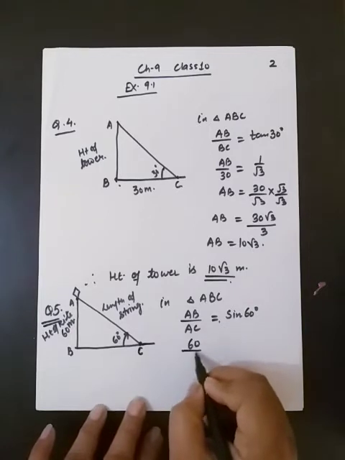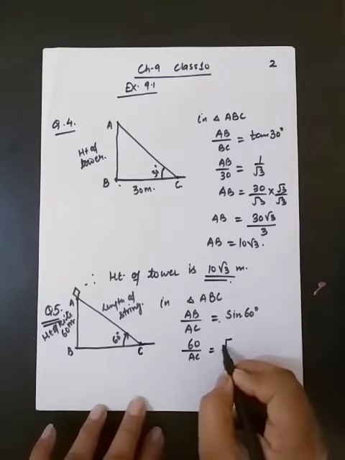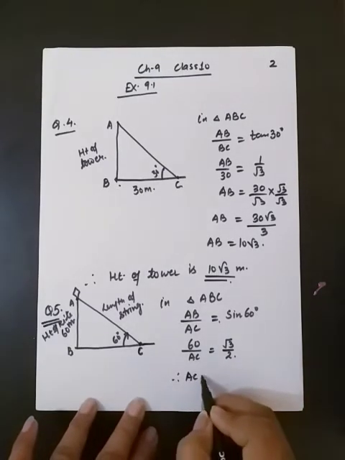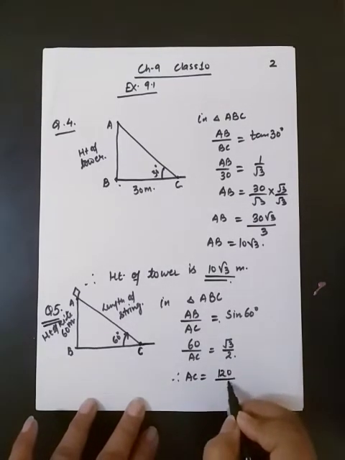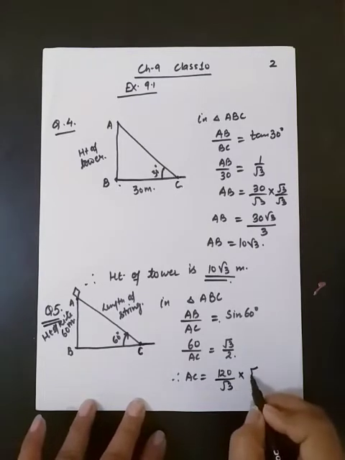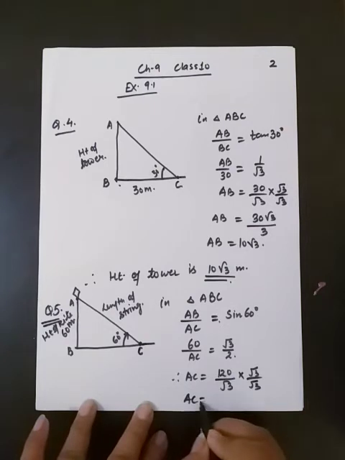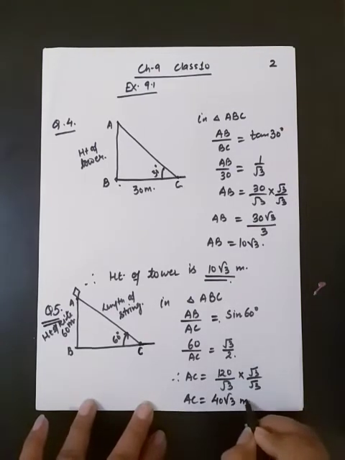AB is 60, AC is not given and sine 60 is under root 3 by 2. So therefore AC will be 120 by root 3. Again we will rationalize it and we will get AC is equal to 40 root 3 meter.